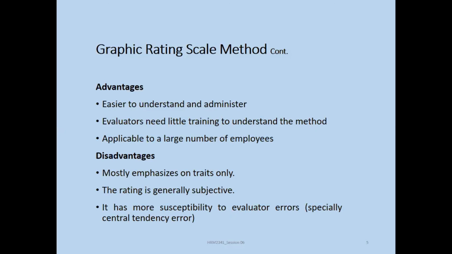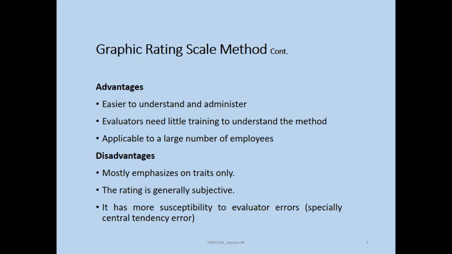But if the evaluator is biased with the central tendency error, we cannot take any significant decision based on the evaluation, because all the evaluation results are central. It means all the employees' performance is at a moderate level, not good or poor. We cannot determine their actual performance levels. That is the main disadvantage of the graphic rating scale method.